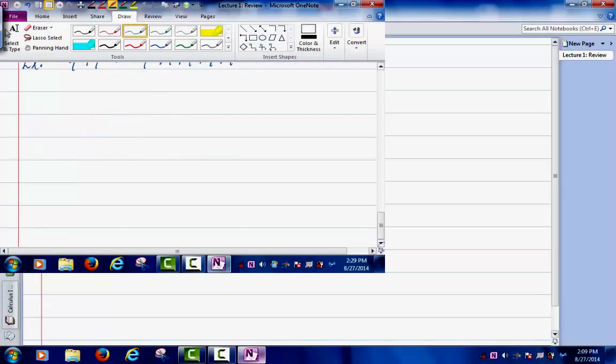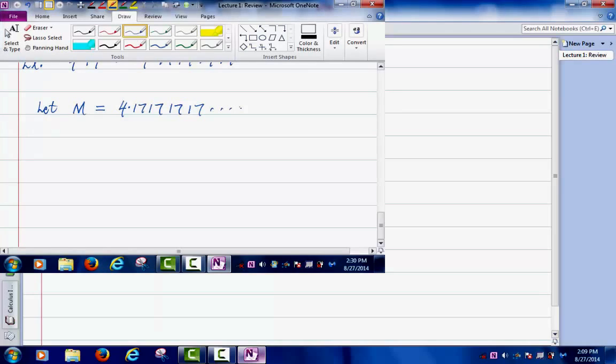Well, I am going to let capital M denote this number, 4.17171717. So m denotes that number.